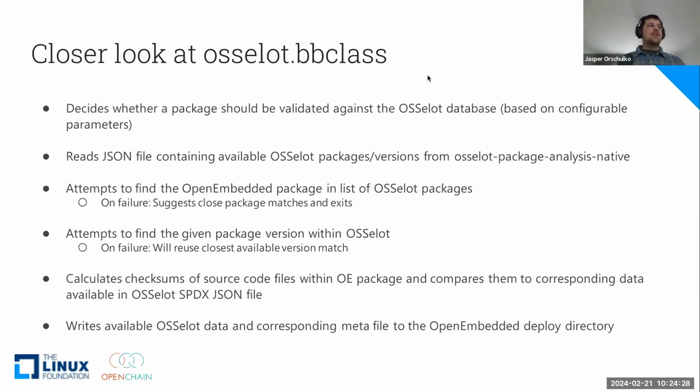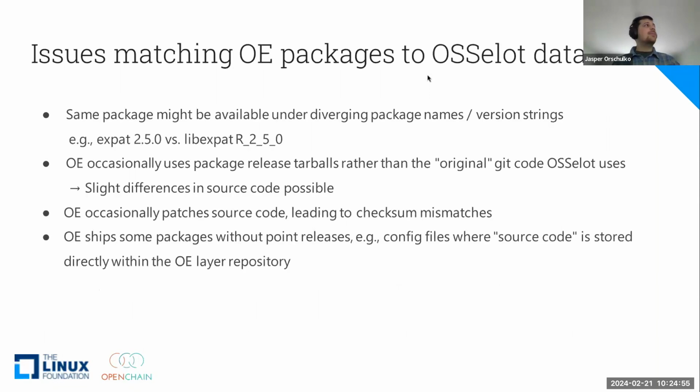It then calculates the checksum of the source files within the package, and extracts the corresponding data from the OSSelot SPDX file, and will write this information into a meta file in the OpenEmbedded deploy directory, so that you can then easily check: is the source code identical to the source code that has been validated by the OSSelot project?